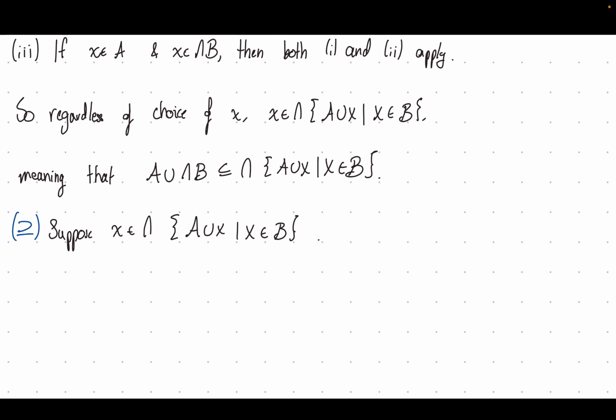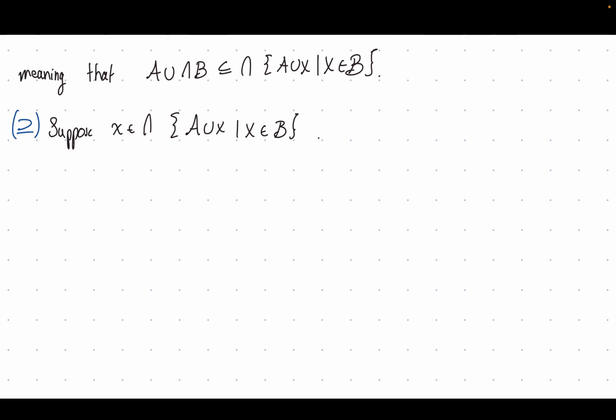All right, cool. Then what do we know? Then for any little s in this set, A union X such that X is in B, little x is in little s.